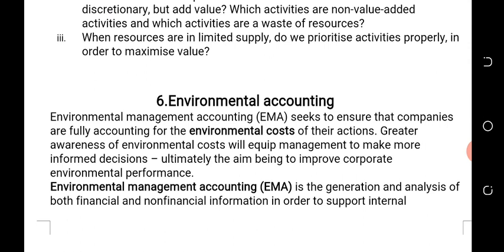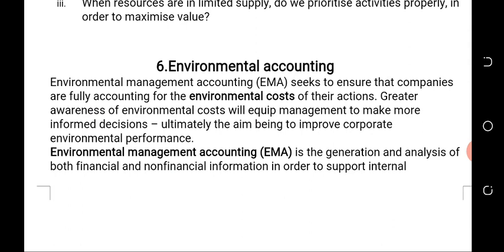With greater awareness of environmental costs, we equip management to make more informed decisions, ultimately, the aim being to improve corporate environmental performance.